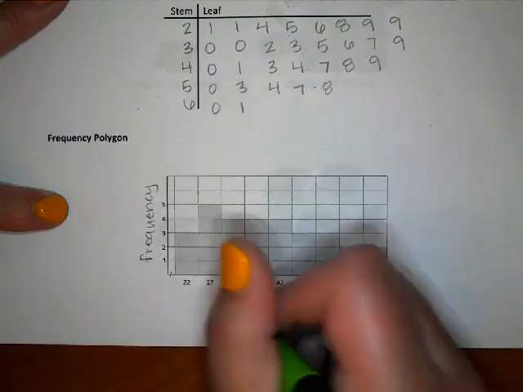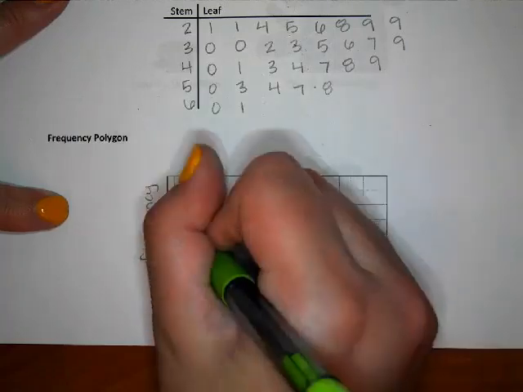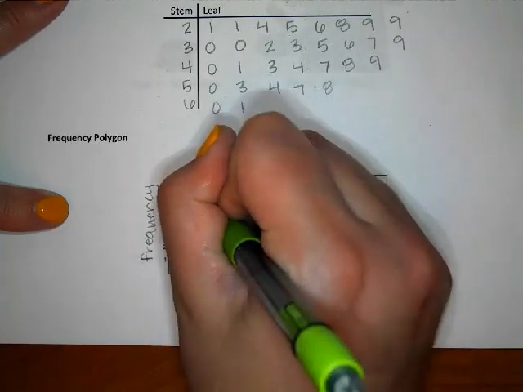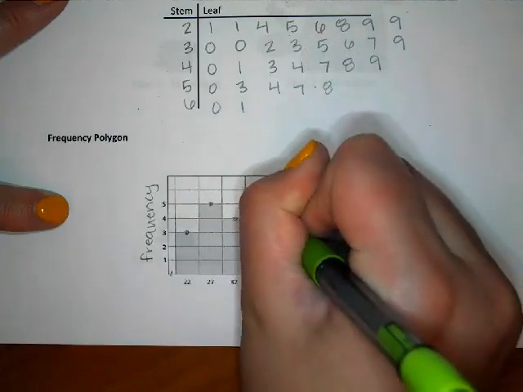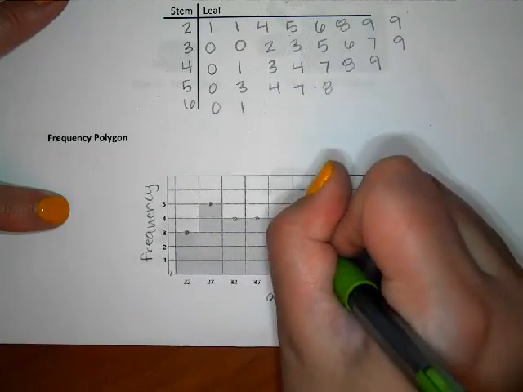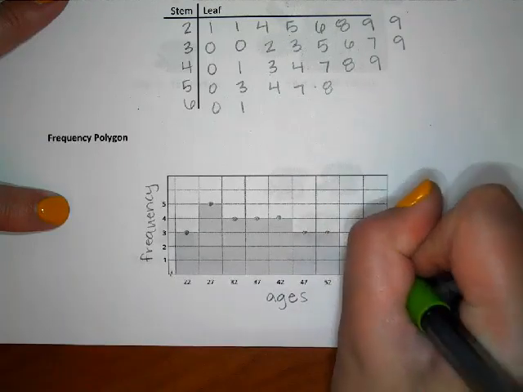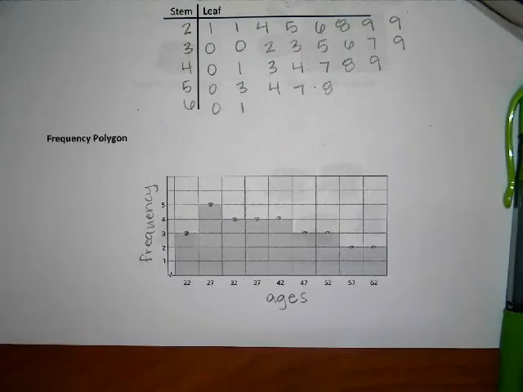You just go in here, and instead of drawing bars for a histogram, you would put a dot instead. So you'd put a dot at 3, a dot at 5, a dot at 4, a dot at 4, a dot at 4. And if you're unsure where I'm getting these numbers from, let me get out my notes.